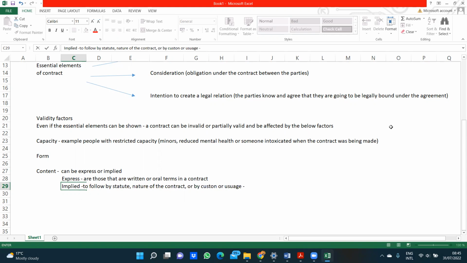Implied terms are to be followed even if not express.